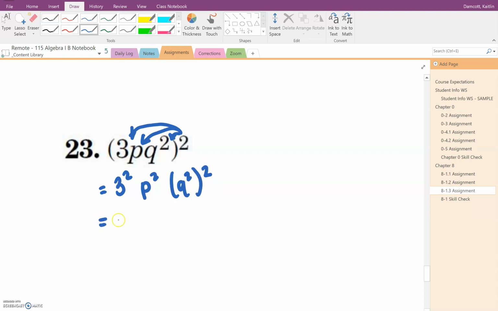So 3 times 3 is 9. P squared, we're not changing at all. The q squared squared, this is the rule that we learned in example 1. All you're doing is taking 2 times 2, and we get q to the 4th. So we multiplied those exponents to get the 4.